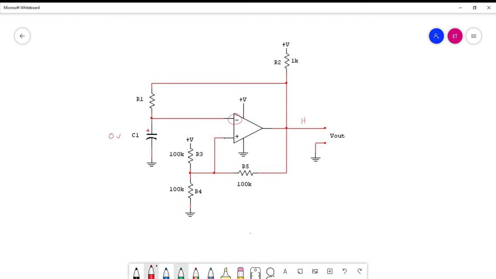And we know what that means internally to the comparator. When the output is high, there's this little NPN transistor switch that'll be open, right? So not much is happening at the output other than just an open. And that's why we need this 1K resistor. This is kind of like our pull-up resistor, if you remember it.